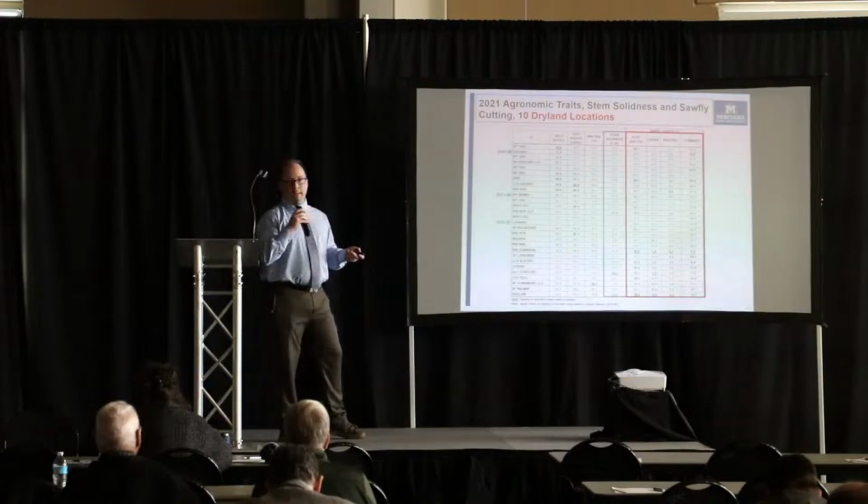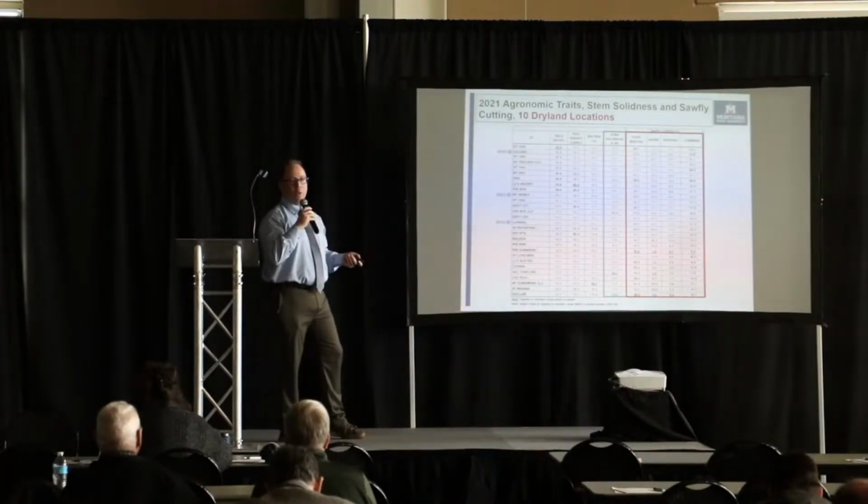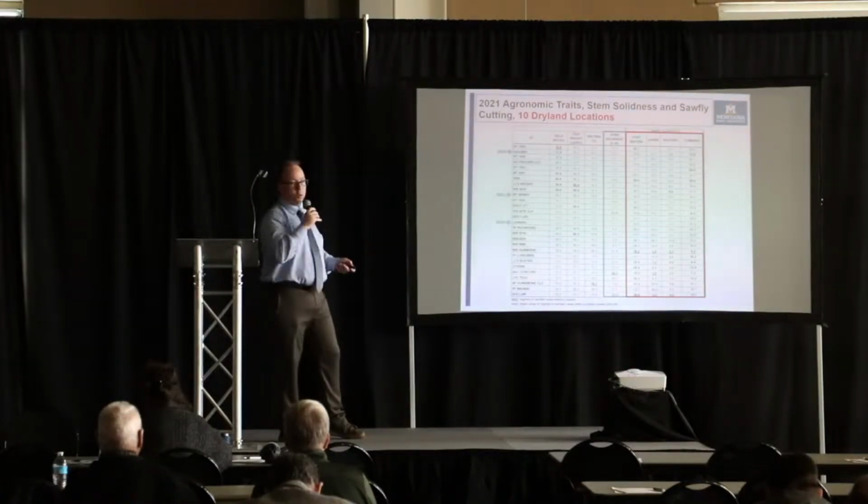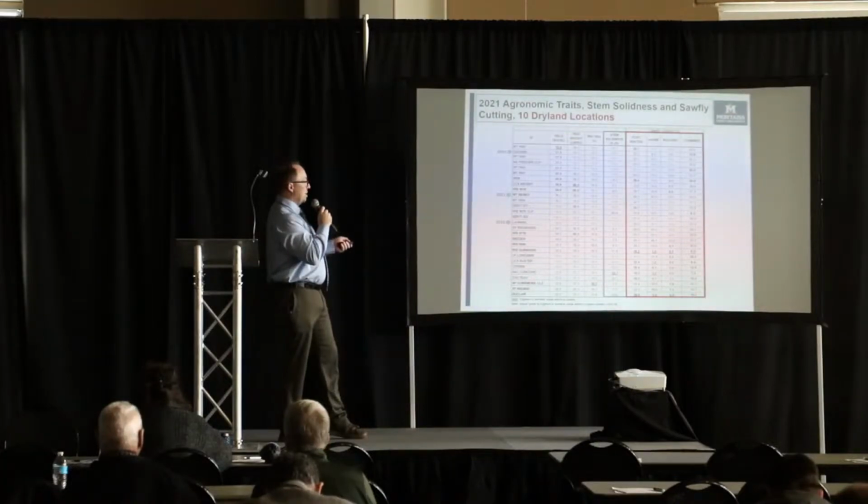It's the most widely planted spring wheat variety in the state of Montana. This last year it was around 23% of the total acres. So a big focus of the breeding program has been to release a variety that has similar yield potential as Vida, but with improved grain protein content and end-use quality. So Lanning was one of the first varieties released towards that effort.